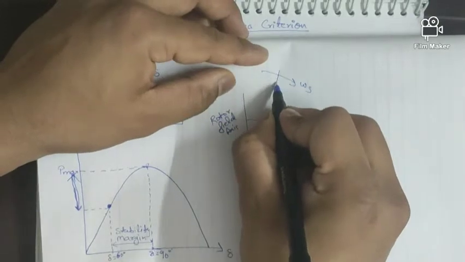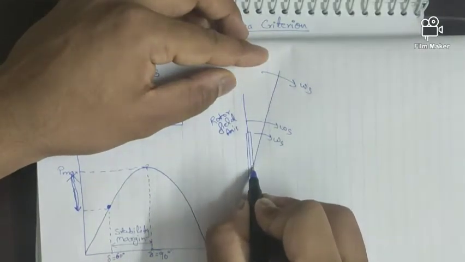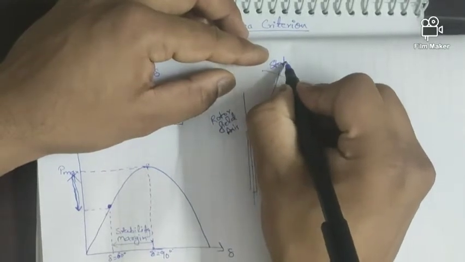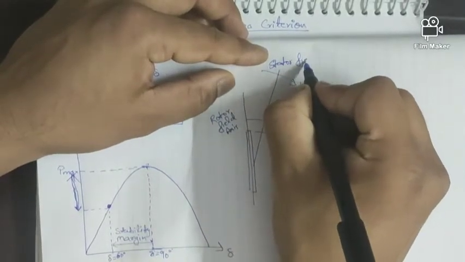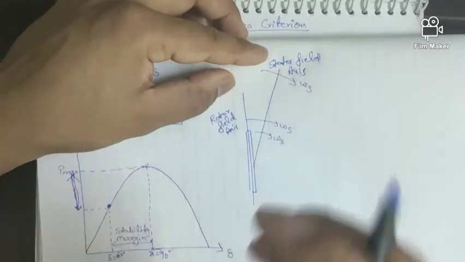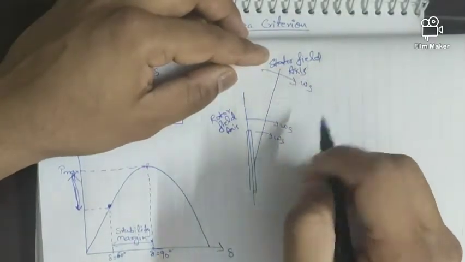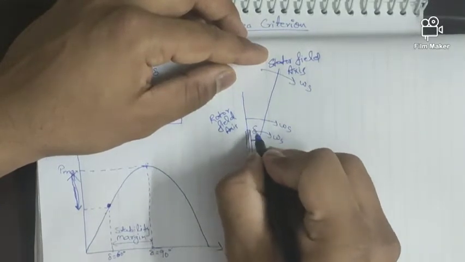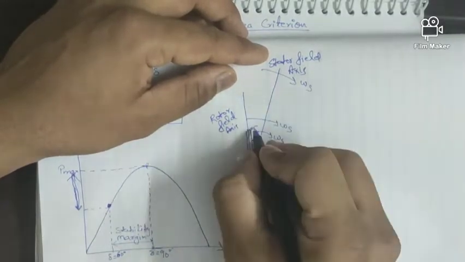This stator magnetic field has some reference axis. This is the stator field axis. So there is a lag between the rotor field axis and the stator field axis, which is denoted by angle delta. This lag is there in between these two axes because of the load.